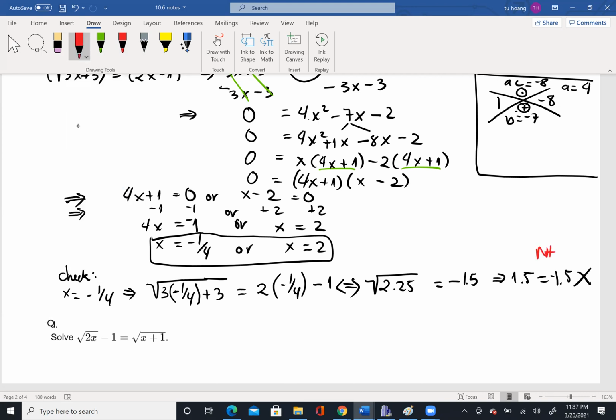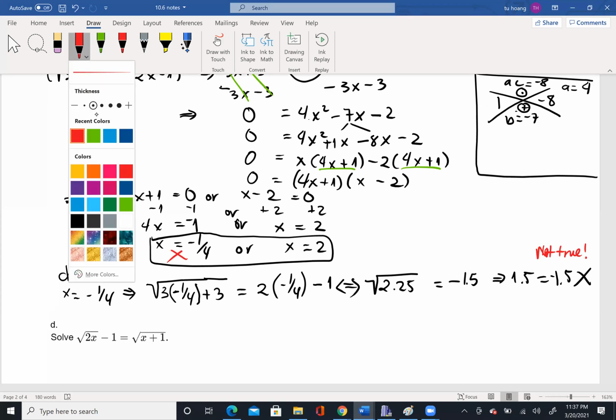Okay. So x equal to -1/4 is not a solution. Let's check the other number.